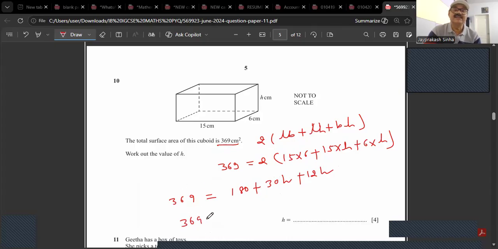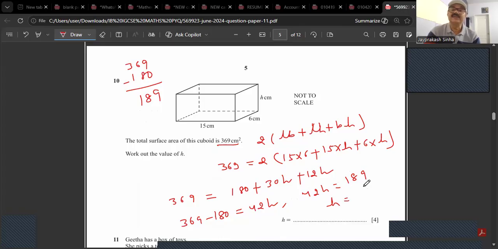So 369 minus 180 equals 42H. You will subtract 369 minus 180, so you will get 189. It means 42H is equal to 189.